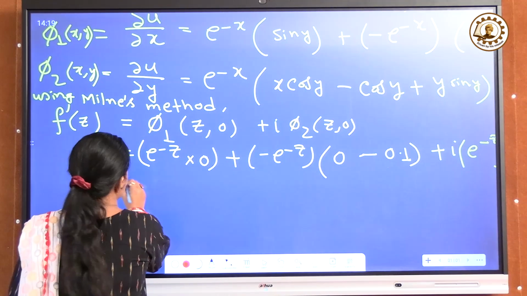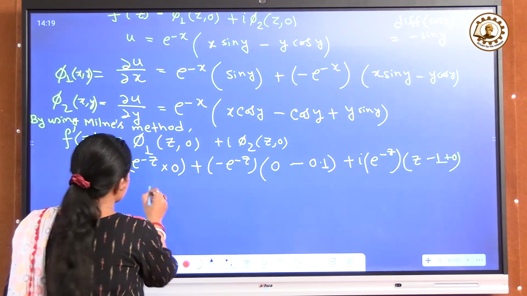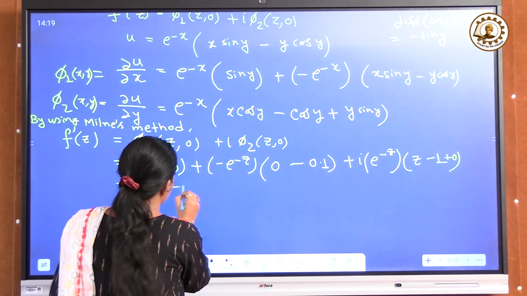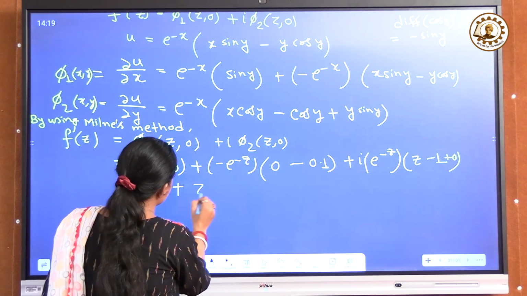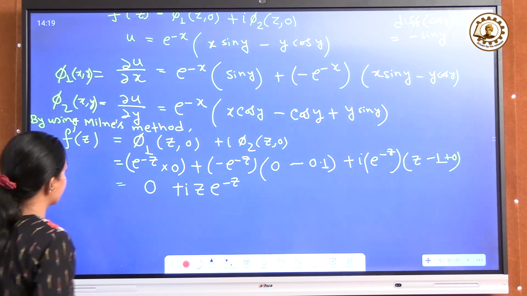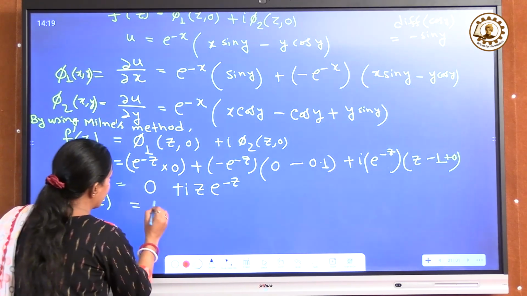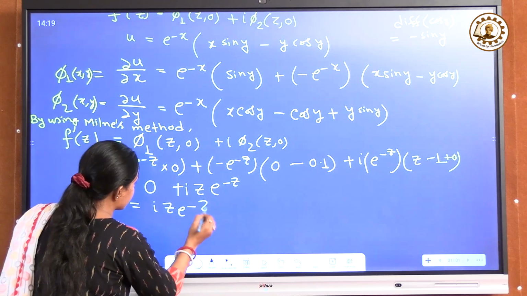So we get 0 plus i z e to the power minus z. So our f dash z equals i z e to the power minus z.